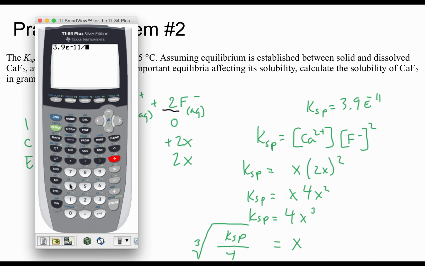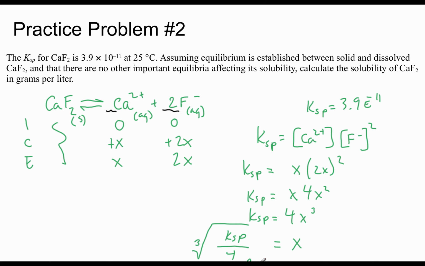And I want to divide that by 4, right? And then I'm going to raise that to the 1/3 power, and I'm going to end up with 2.1 times 10 to the negative 4th as my x value. 2.1 times 10 to the negative 4th equals x.